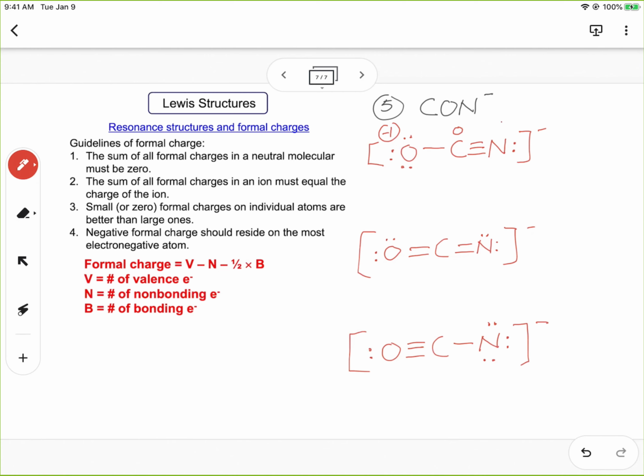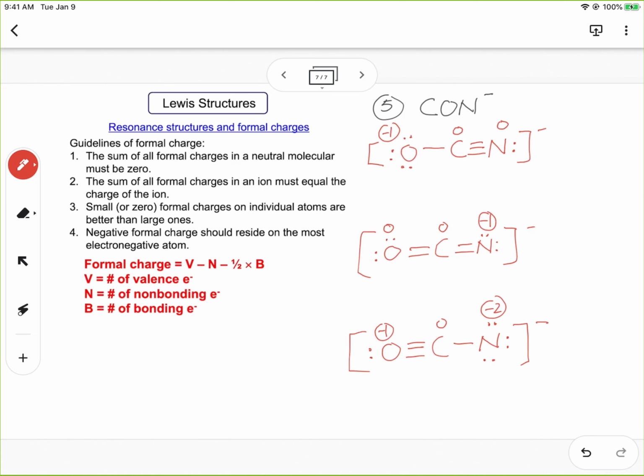For this nitrogen, 0. Again, if you check -1, 0, 0, you add them together, it matches with the charge. The second structure, it's going to be 0, 0, -1. The third one would be -1, 0, -2.